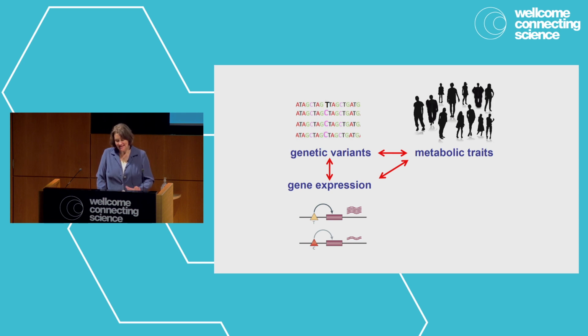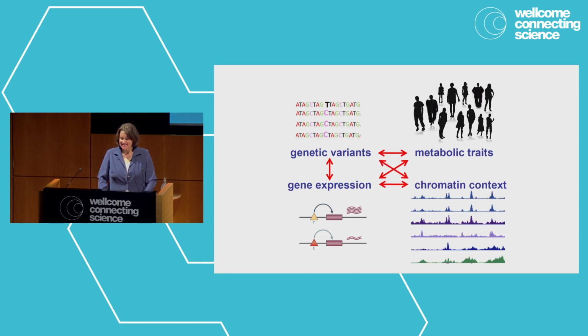Shown here, one of the T and C alleles is associated with higher expression, the other with lower expression of a given gene. Then, to understand how those associations may come about, we also look at chromatin context. Chromatin context varies between cells, cell types, and tissues. It also varies between individuals, as I'll show in the later part of the talk.